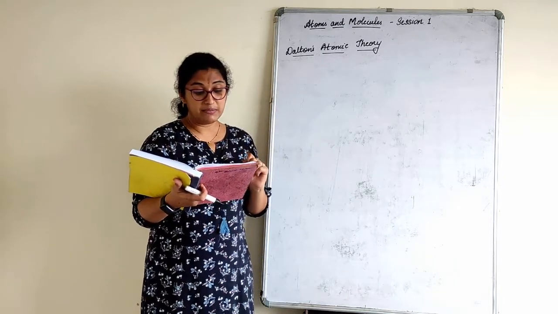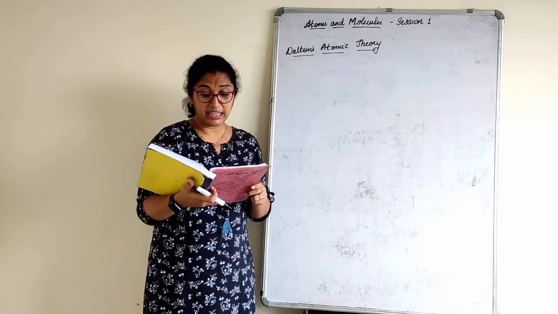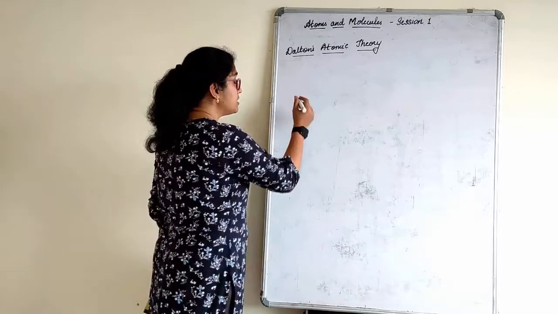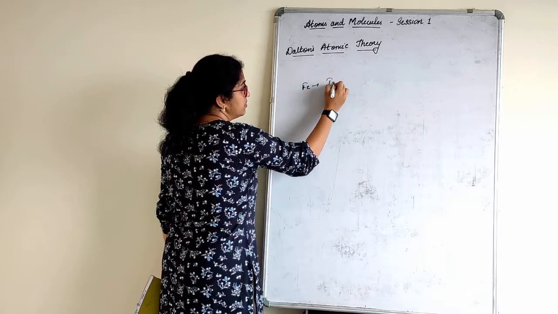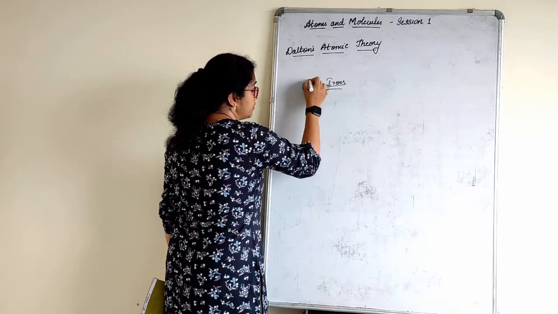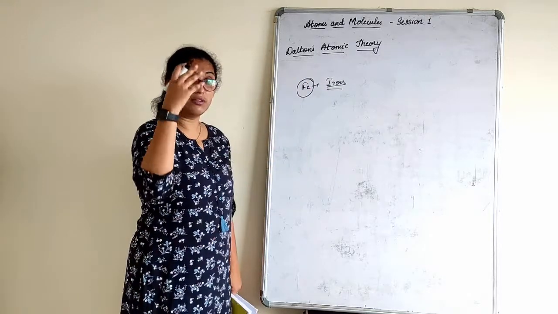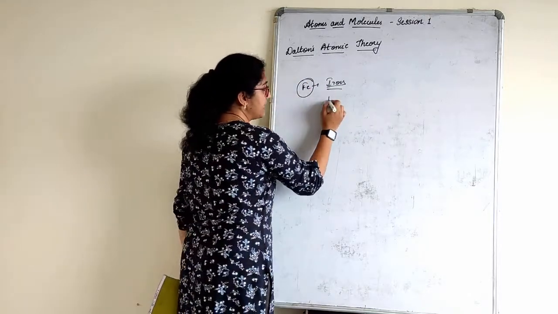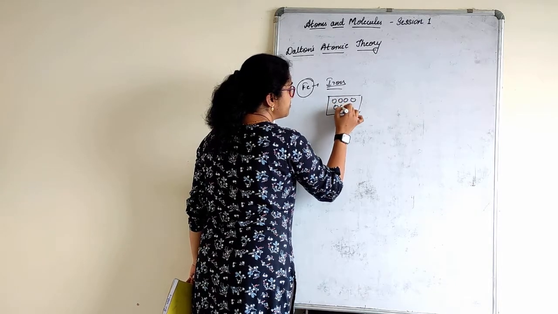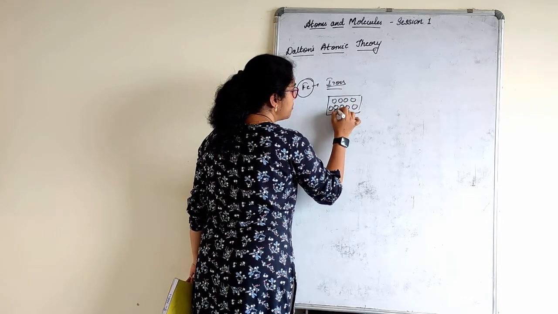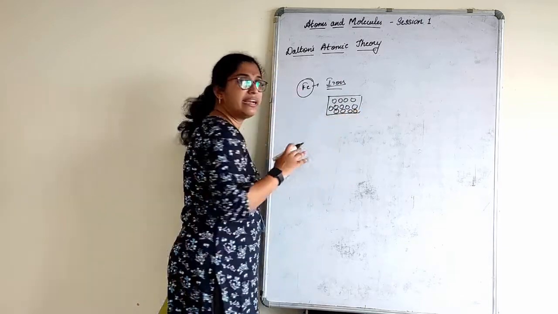Atoms of a given element are identical in mass and chemical properties. Now suppose I talk about, say, iron. About how to write the formula, chemical names and all, we'll see that. It's there in this chapter. Iron has all iron atoms only, right? Nor big, nor small, all are iron atoms. They are identical.